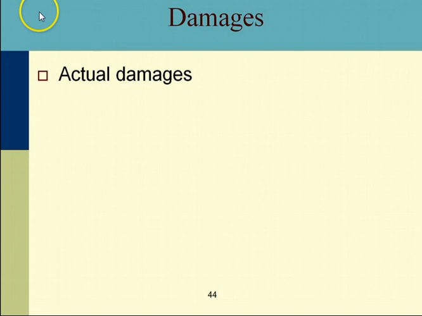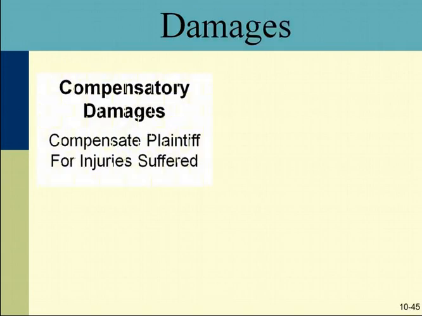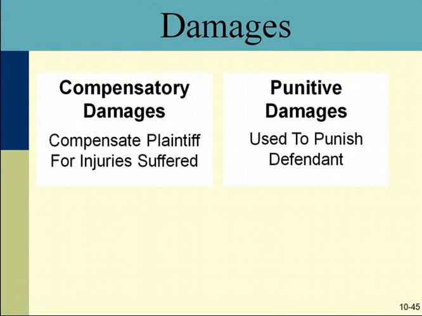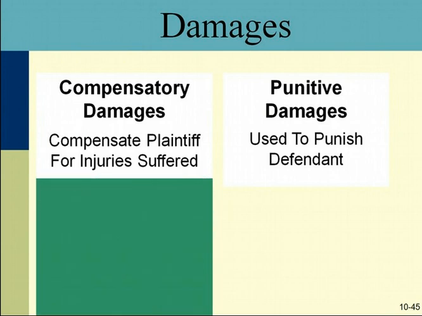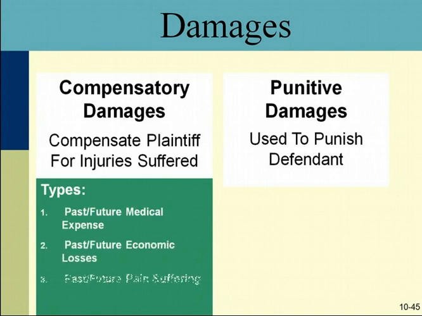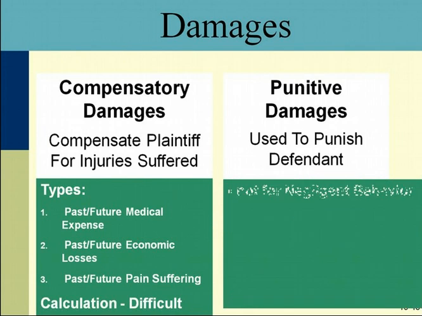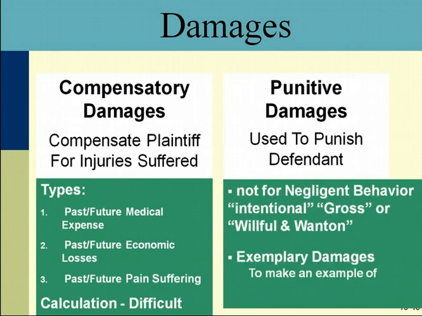That is, the plaintiff can actually get paid for all the damages that were caused, medical things like that. Compensatory damages are to compensate the plaintiff for injuries that were suffered. There's past and future medical expenses, past and future economic losses, pain and suffering, the loss of salaries, things like that. Punitive damages are used to punish the defendant.